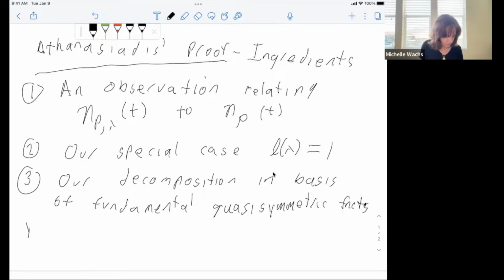The fourth ingredient was a lemma implicit in the work of Reutemann.